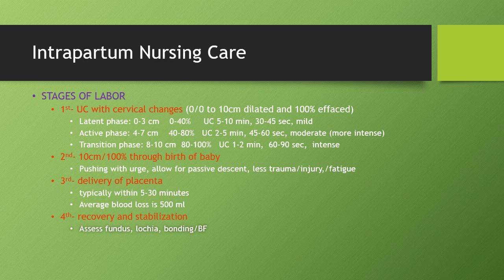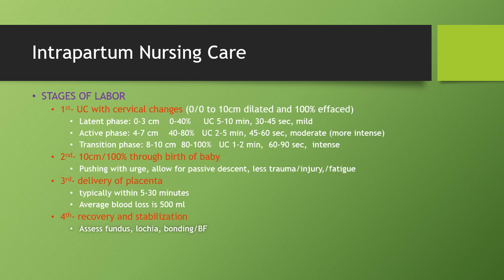And this helps the cervix dilate to about 4 to 7 centimeters and efface 40 to 80%. So at the end of active phase, we're at at least 80% effacement and 7 centimeters dilation.